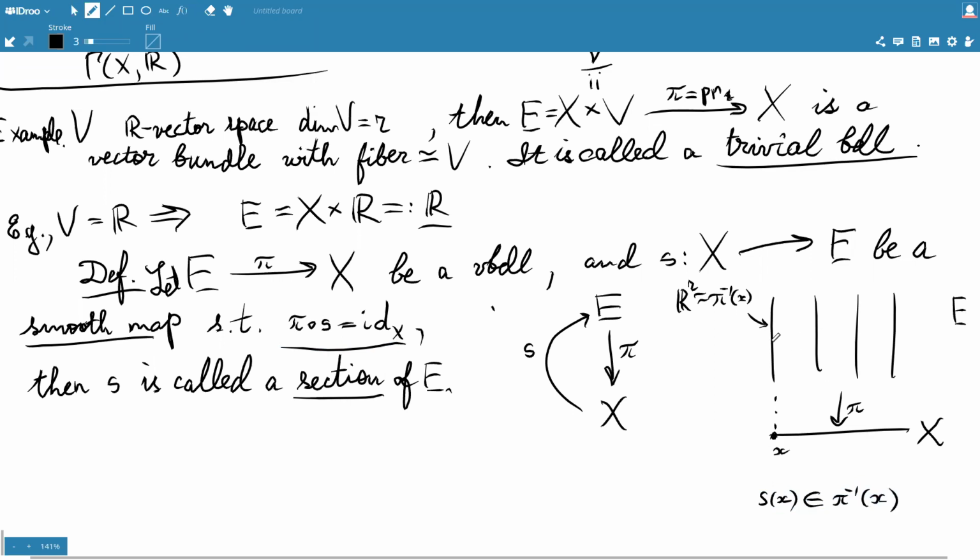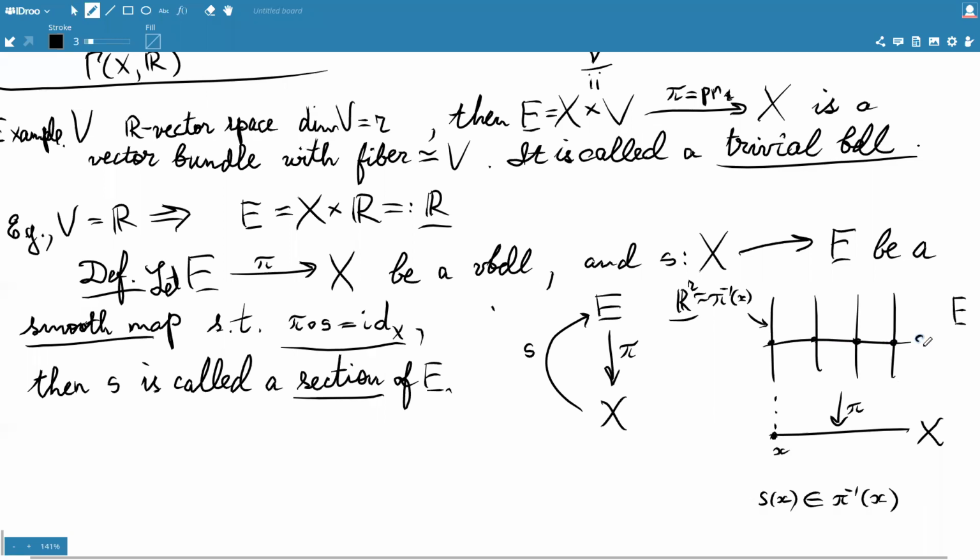So the image of the section is a point in this vector space. So this is a vector. So the whole S is a collection of vectors, each one lying in the corresponding fiber over that point, over which we take the value of this section.